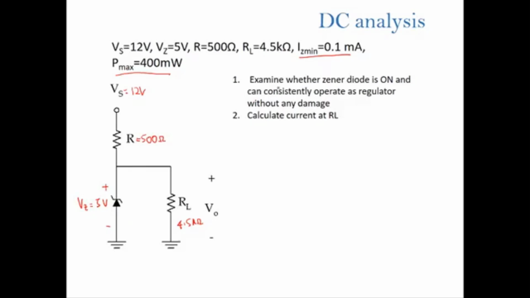Okay, the first task is to examine whether the Zener diode is on and can constantly operate as a regulator without any damage. So the condition is we want to examine whether the Zener diode is on, and whether it can operate without any damage. This is related to Iz min, because Iz needs to be higher than Iz min, and the second is related to Pmax.